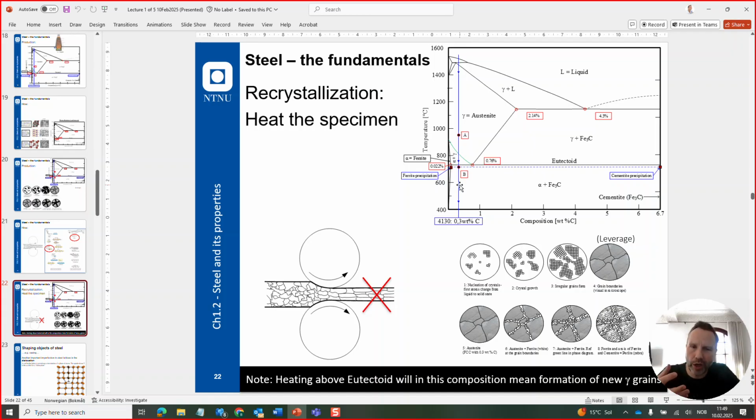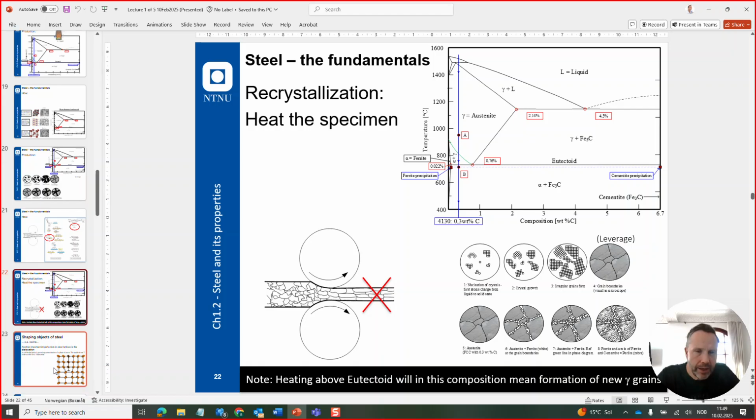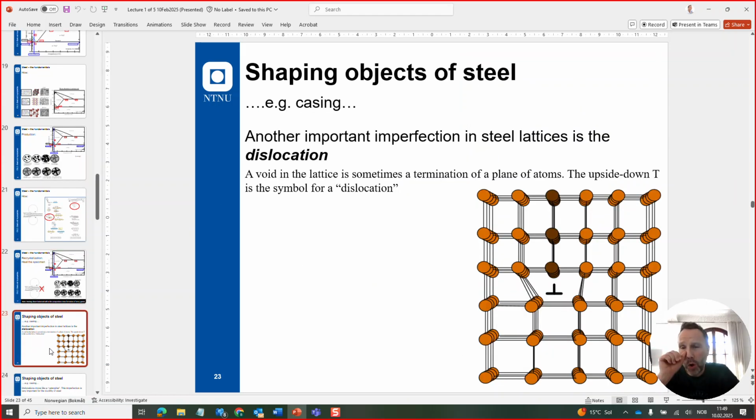More about what is going on when you deform a steel specimen into whatever you would like it to be: a casing, a nail, a part for the automobile industry, whatever it would be. One of the failures or imperfections in a steel lattice is called a dislocation.